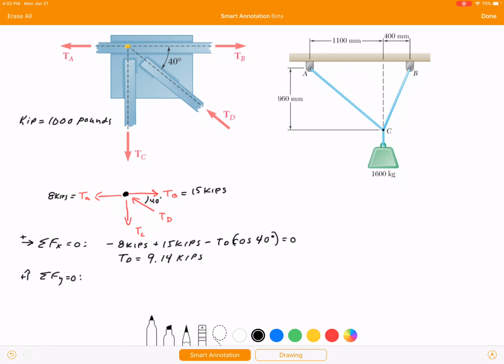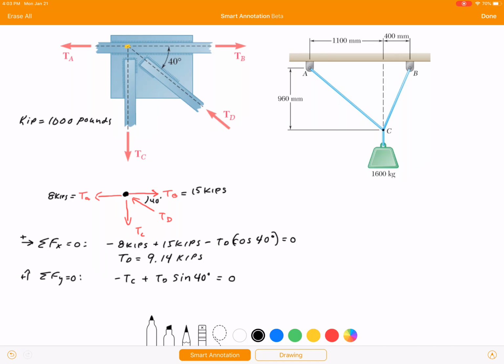And we have TC, and that would be negative, because I'm saying that up is positive, so negative TC. And then we have positive, because the vertical component of TD is up, so plus TD times the sine of 40 degrees. And that's it. The other two are all horizontal, so they won't add anything here. And so that has to equal 0.